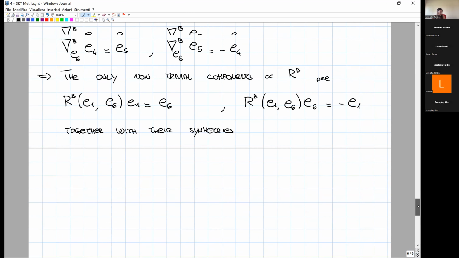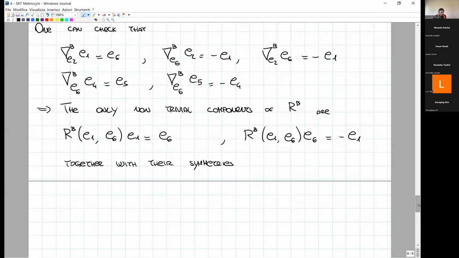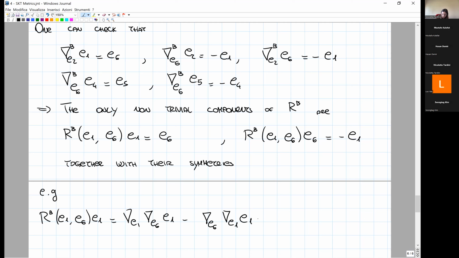So for instance, how do you do that? If you compute the Bismut curvature of E1, E6, E1, this is by definition nabla_{E1} nabla_{E6} E1, minus nabla_{E6} nabla_{E1} E1, minus nabla of the bracket of E1, E6, applied to E1. But nabla_{E6} E1, if you look here, is 0.